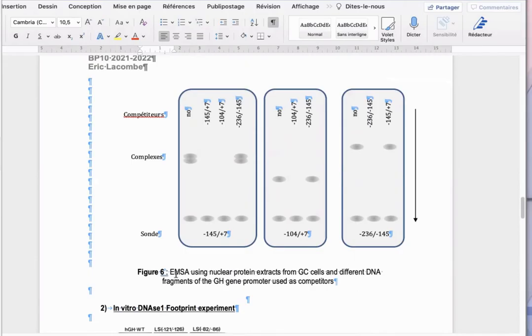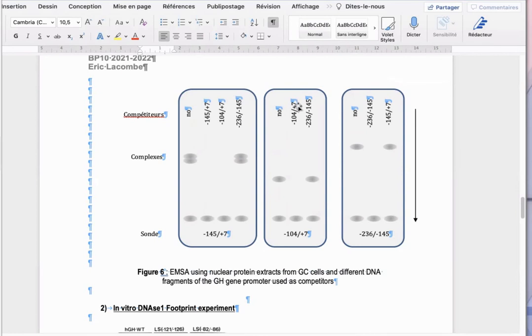So here, they are still using electromobility shift assay, but now we are using competitors. We are going to use only specific competitors. We are not going to use non-specific, only specific competitors. So you see that there are three gels.